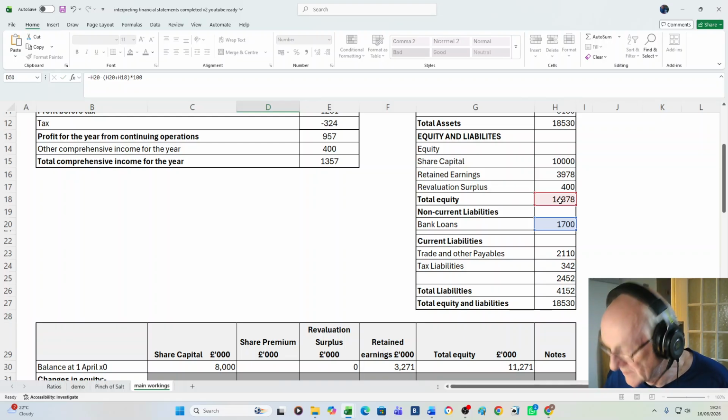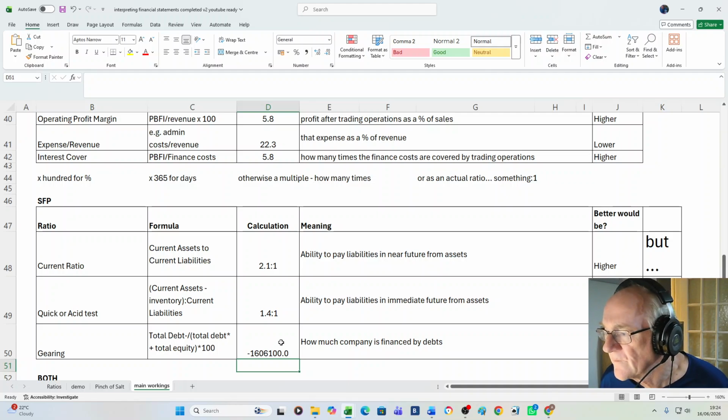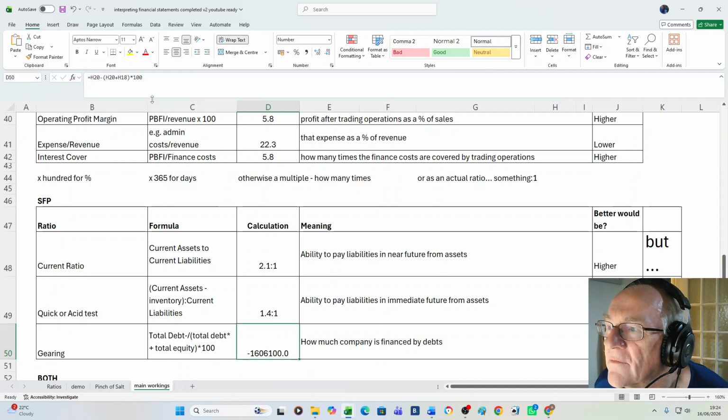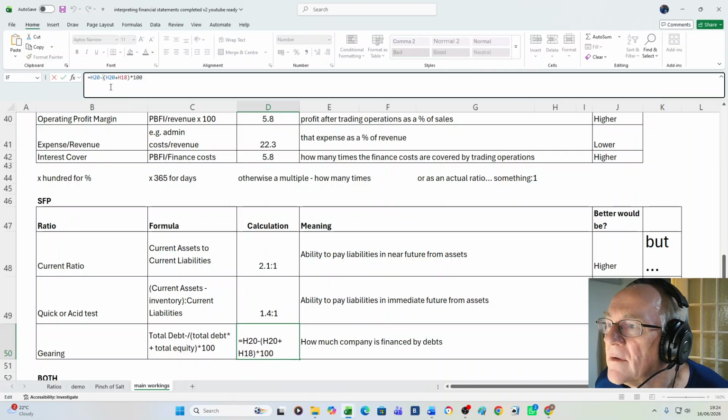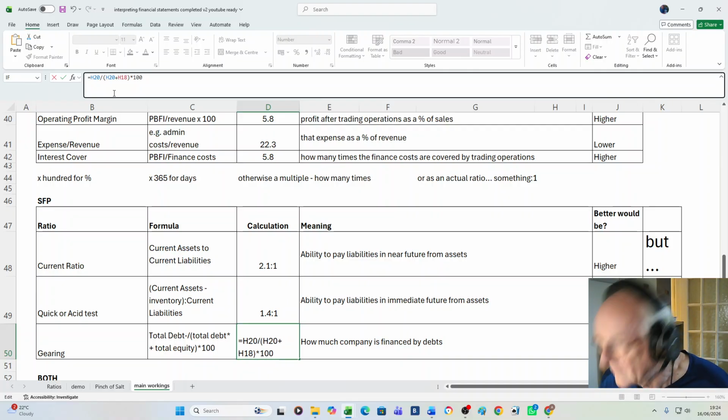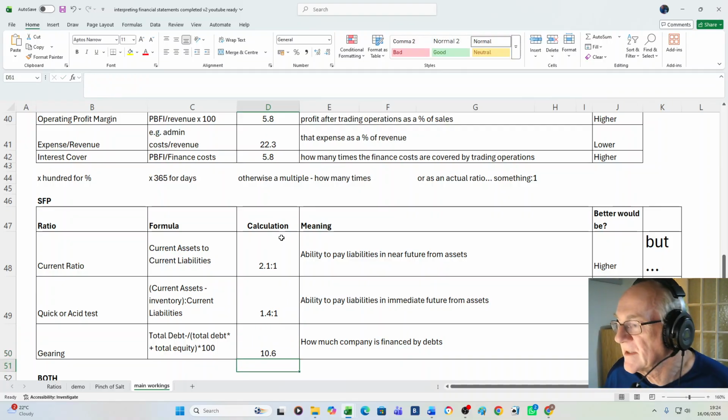And it's a percentage, so back to being a percentage. And what have we done wrong? That's better, 10.6%.